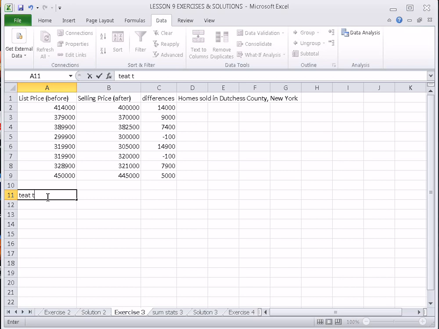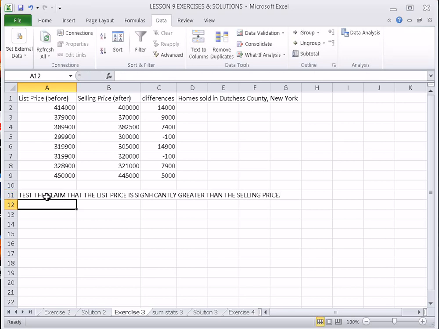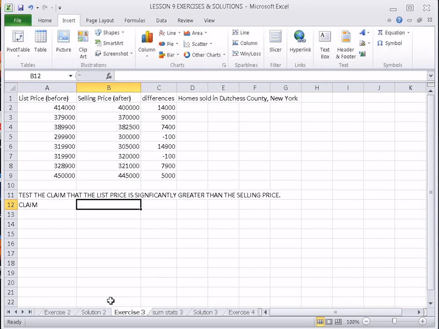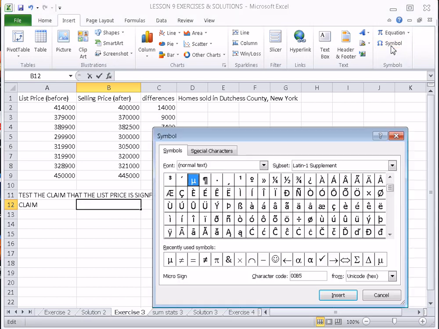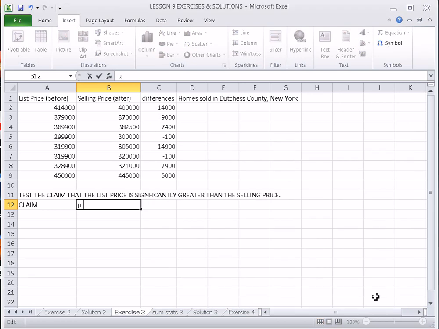We want to test the claim that the list price is significantly greater than the selling price. When we did that, our claim could be written in 2 ways. We could do the mean of the before, which is list.